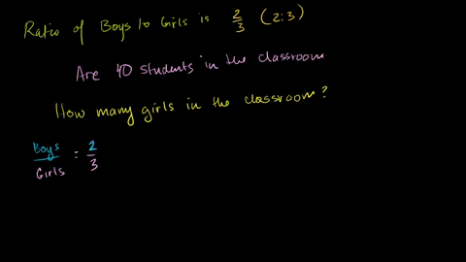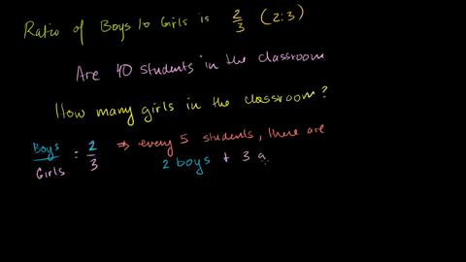But what does it also say? It also says for every 5 students, there are 2 boys and 3 girls.